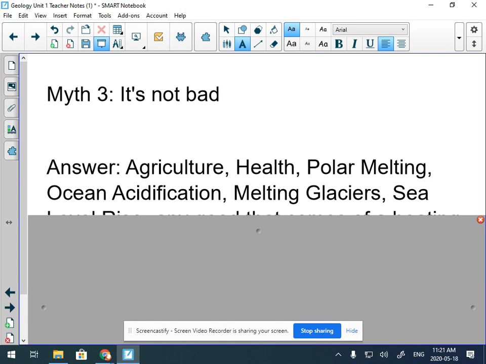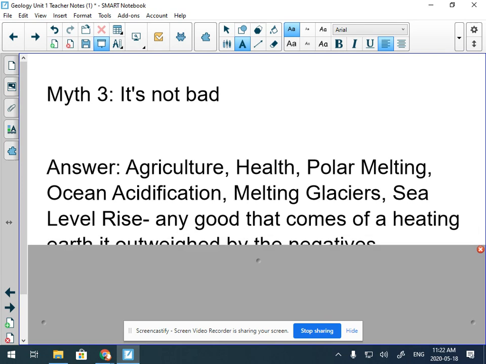When the worst parts of climate change start to occur in 2050, there may be places on Earth that will never be able to grow things ever again. It affects our health with heat waves. It affects us because sea levels will rise. The ocean is becoming acidic because carbon dioxide is being absorbed into the ocean at an unnatural rate. Carbon dioxide and water make carbonic acid, which is acidic.